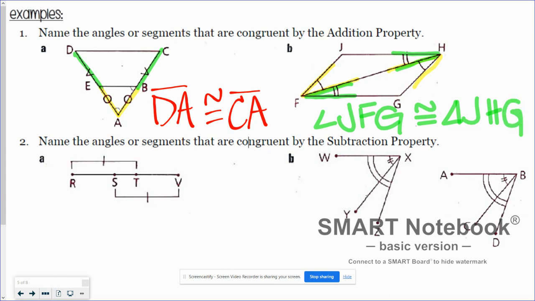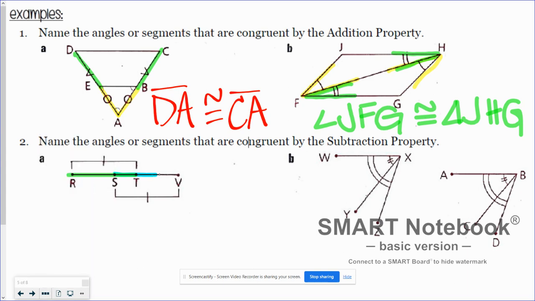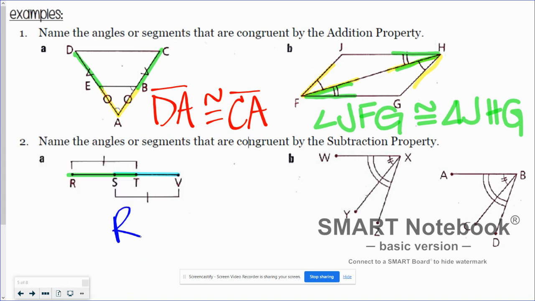All right, what about some subtraction? In 2a, you can see that RT is congruent to SV. So if you do some subtracting of that ST in the middle, what two segments are going to be congruent? That's right. RS is going to be congruent to TV.